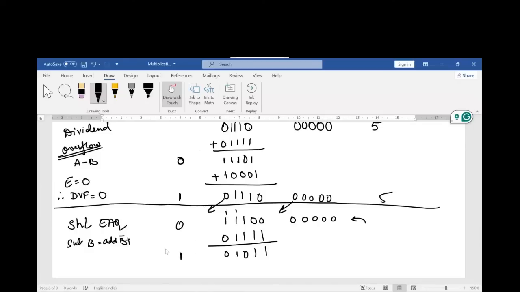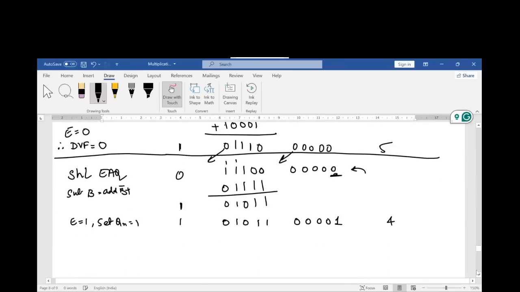Okay. Now, as E is 1, set Qn to 1. So what will we have? These things would remain as they are, 0, 1, 0, 1, 1, 1, 2, 3, 4. Set Qn to 1. And then decrement the sequence counter. Okay, set Qn to 1 and decrement the sequence counter.